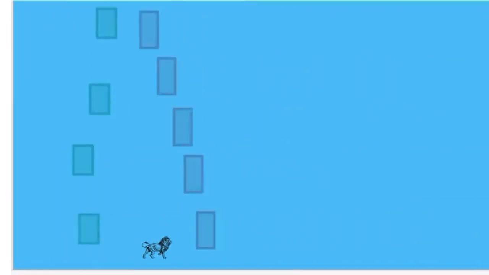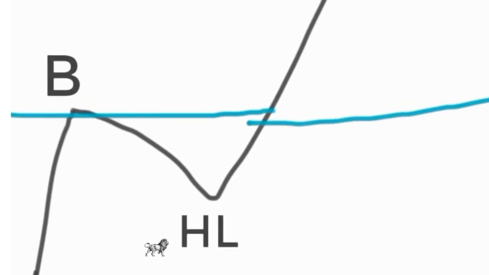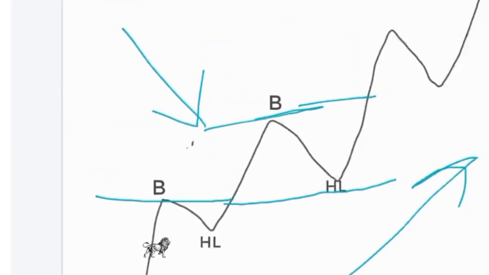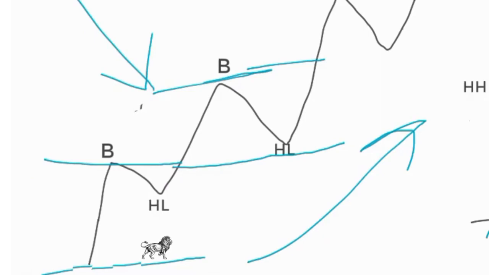Now let's go back to our market. That is the reason why this part is going as a higher low. This low is higher than this low. They are all lows, you understand?